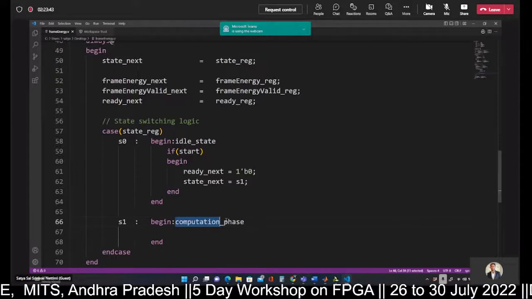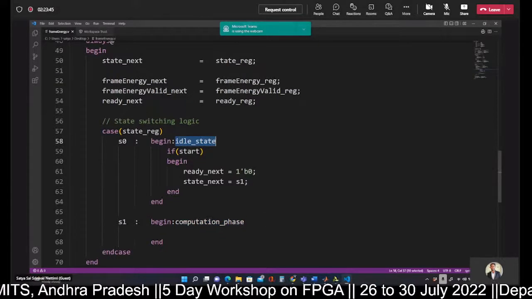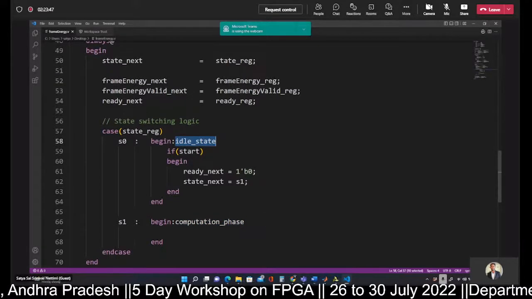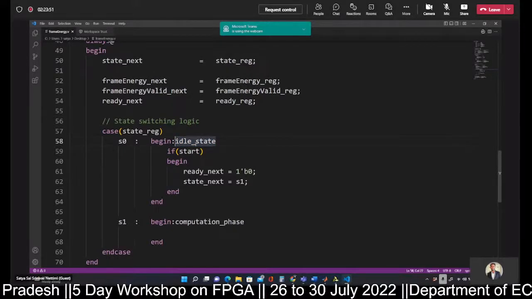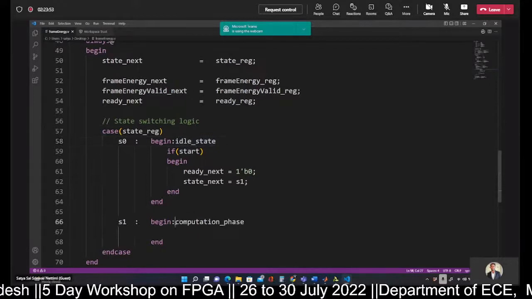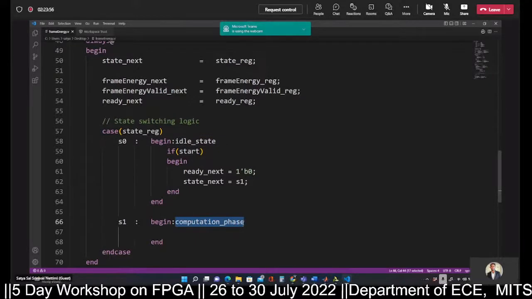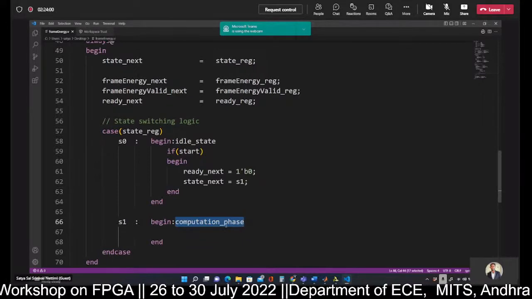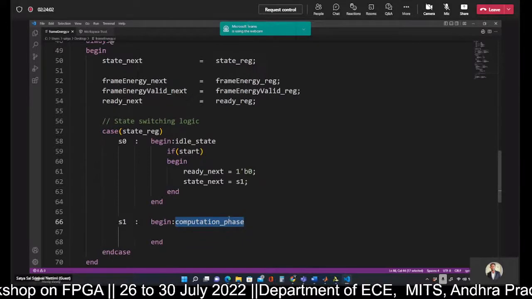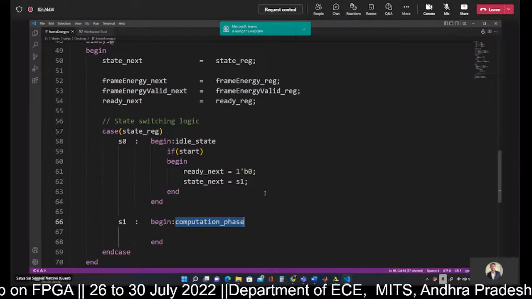You can write some reference names like this. After the begin, you have to give a colon and then write the name. But after the colon, don't give any space, and use only a single keyword for your understanding. Don't use two keywords with a space again. It will create an error. So this is the idle state.